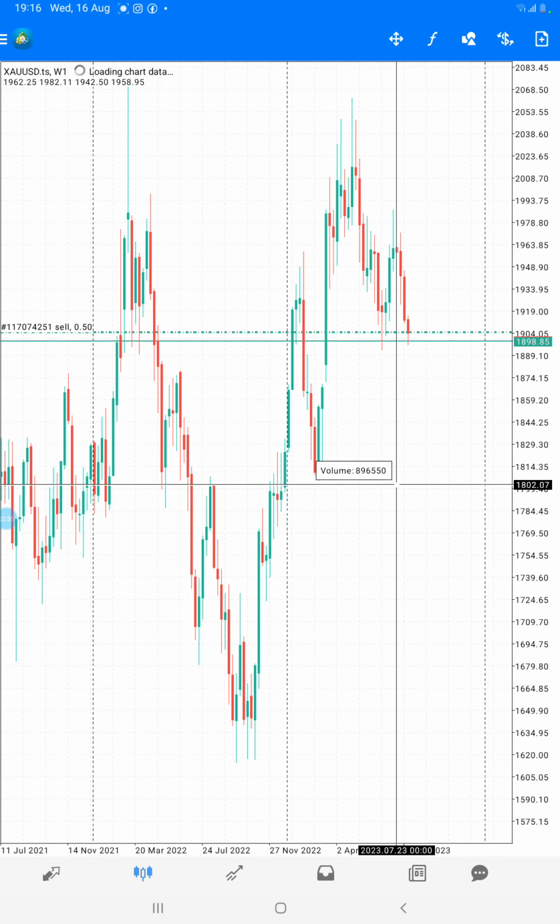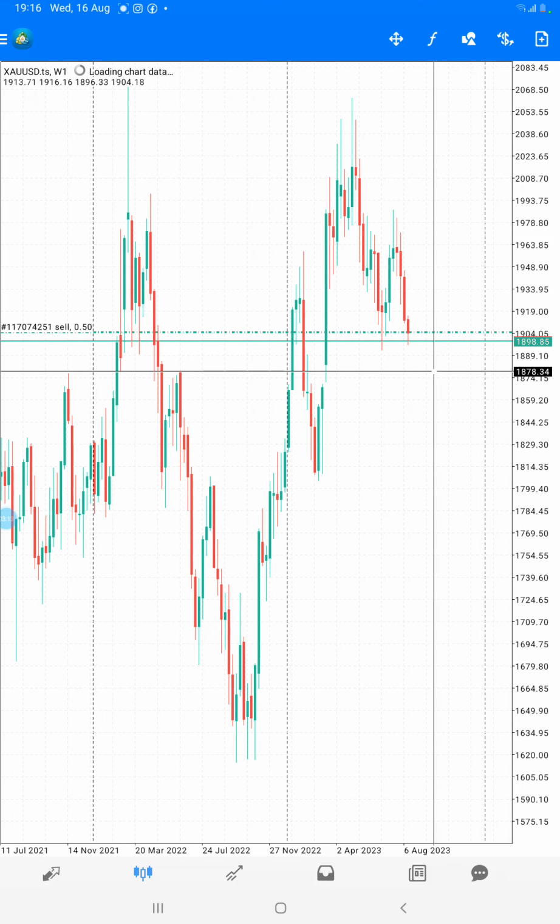If the last bar of last week was a red bar going down, it means that most of the time my trend is a downtrend, and we trade according to the trend.